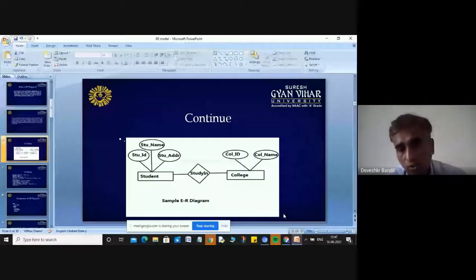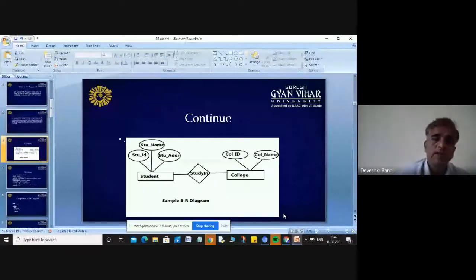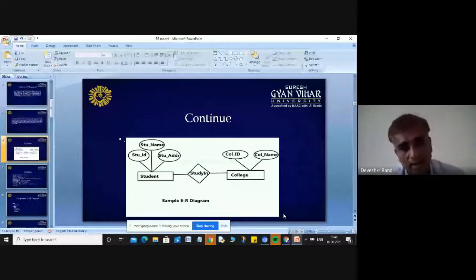And also college entity having two attributes: college ID and college name. And relationship between student and college is study in, obviously student will study in college. That's why I have taken the relationship as study in.